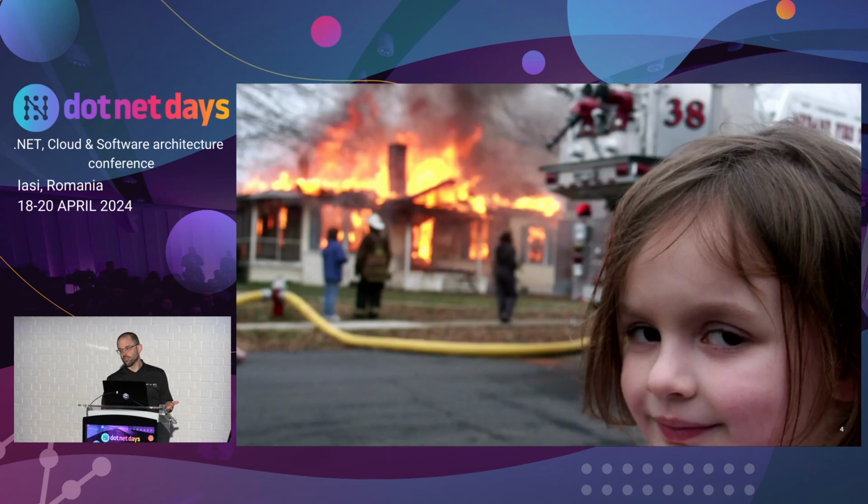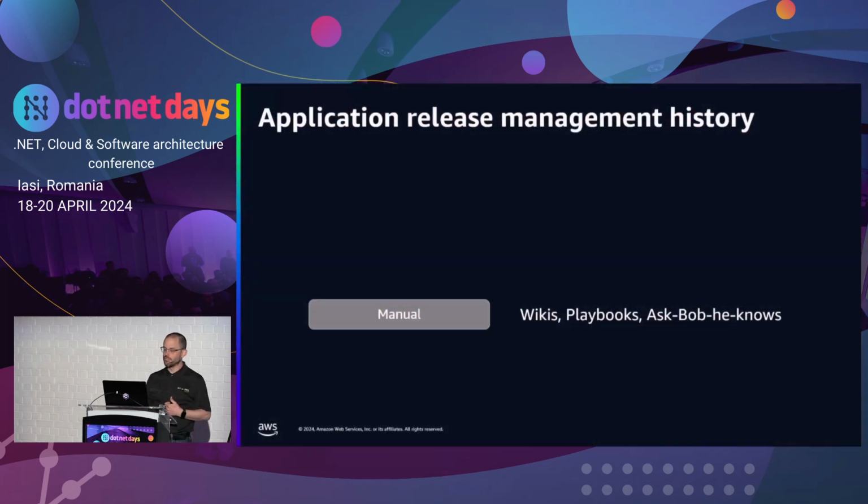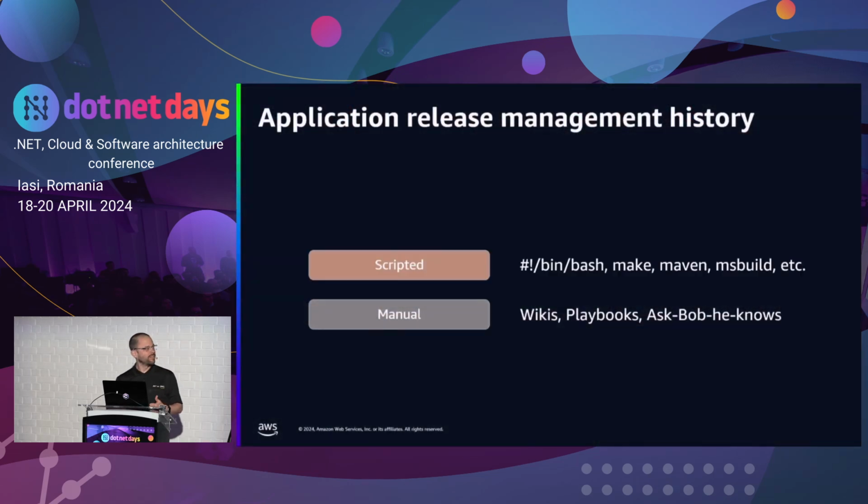So, of course, over the years, we tried to improve. The first thing we tried to do is to script our deployment. Okay, it was written, but if it is written, we can probably turn this into a script, a PowerShell script, a Bash script, an MSBuild script, Maven, Make, whatever build or deployment system you're using. We tried to script this, but it was not enough.